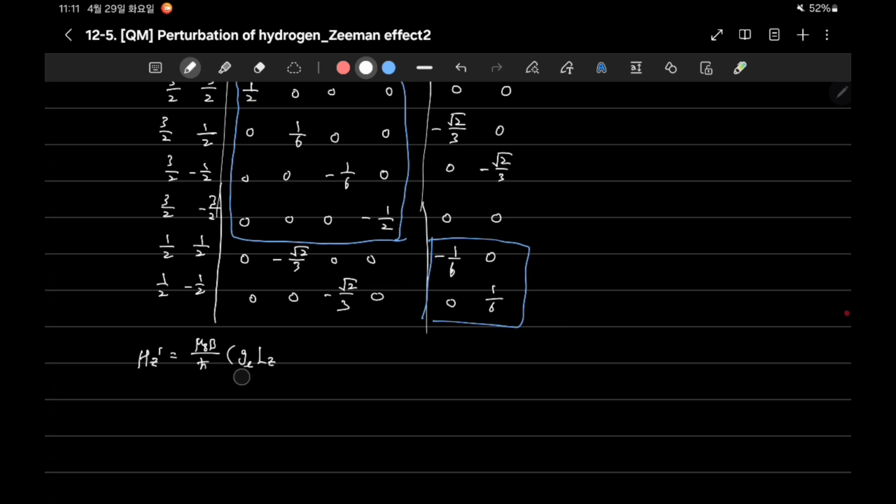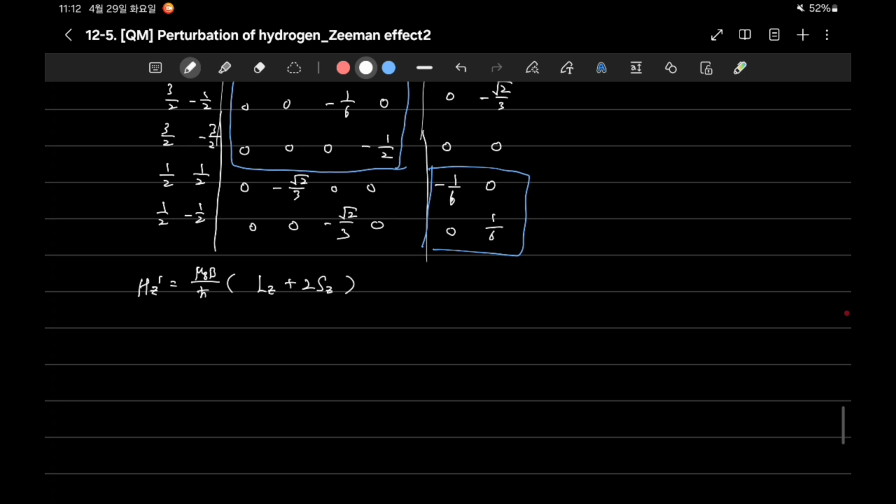Here let's set GL equal to 1, and GE is 2, SG, and it is the perturbed Hamiltonian. Anyway, this is also a matrix, and this is also a matrix. So then we should calculate like this.